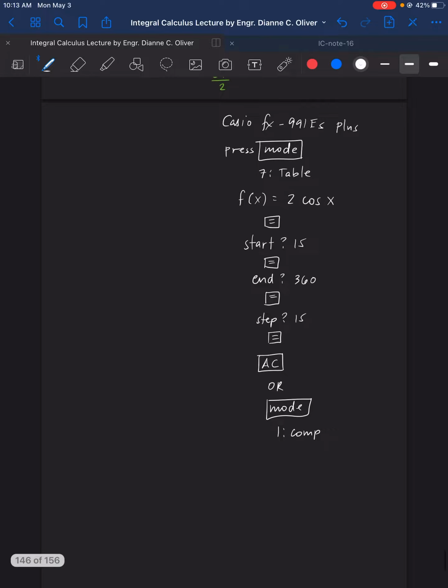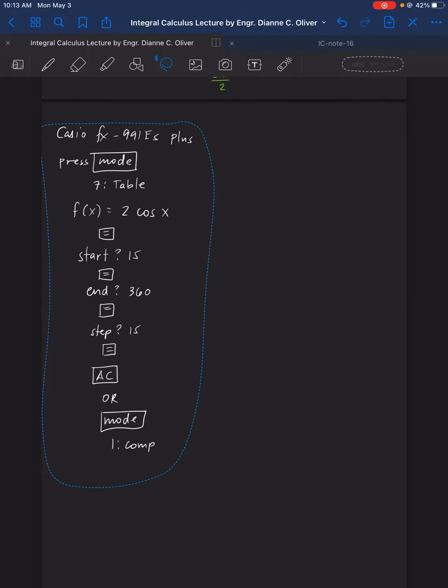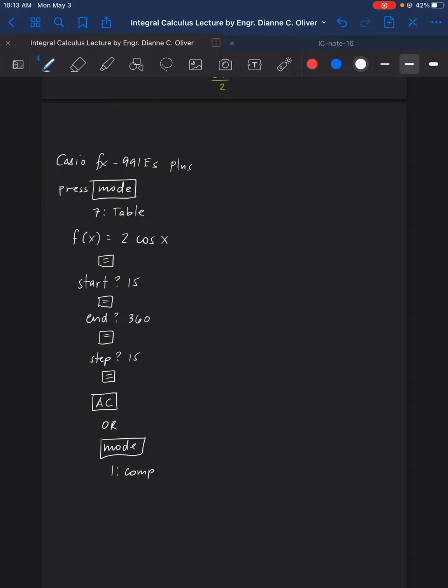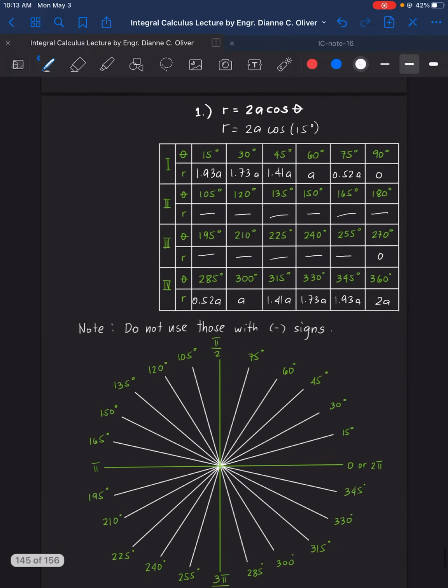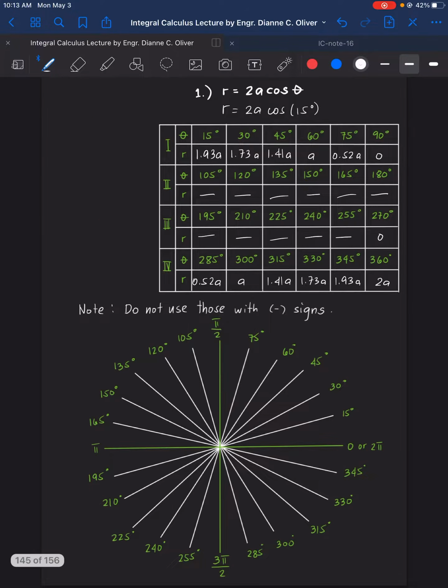So that's just the faster way of using the calculator for the table. Degree mode, again, I will remind you, it's in degree mode. Okay, let's go back.